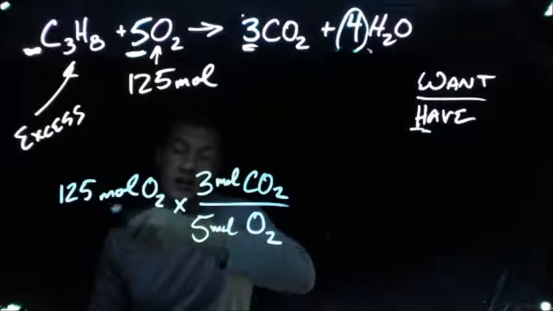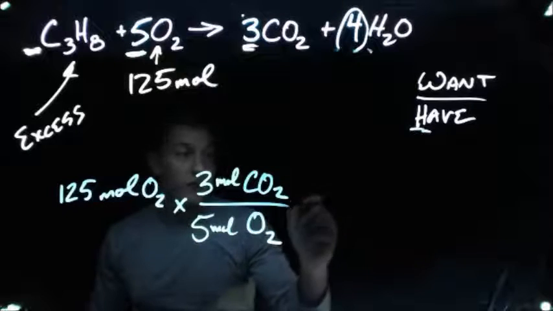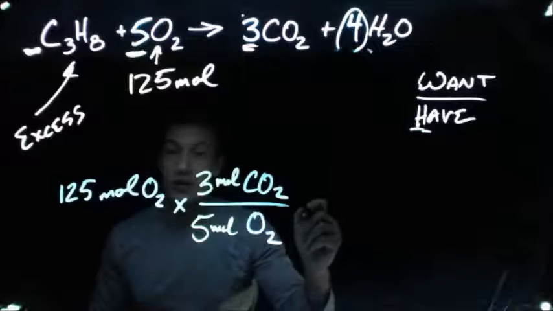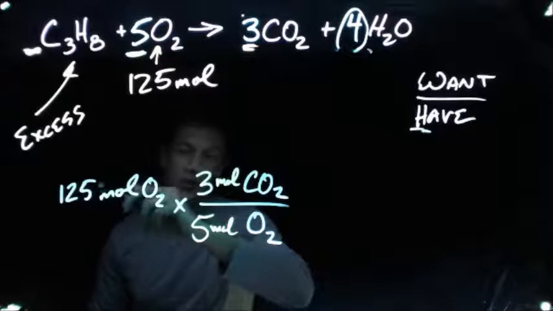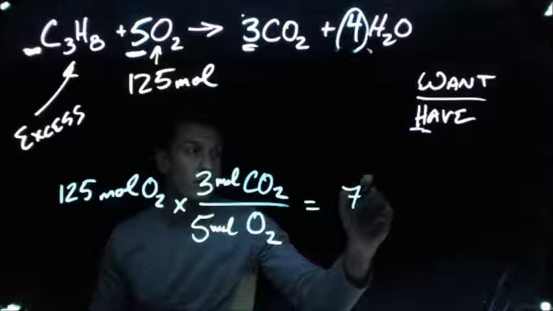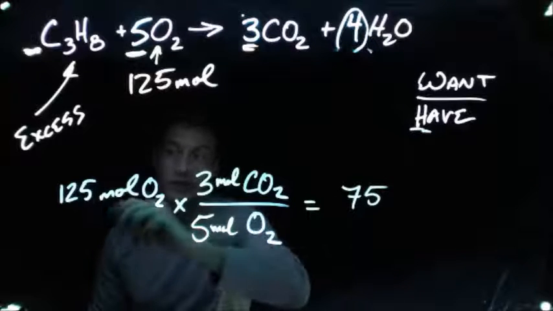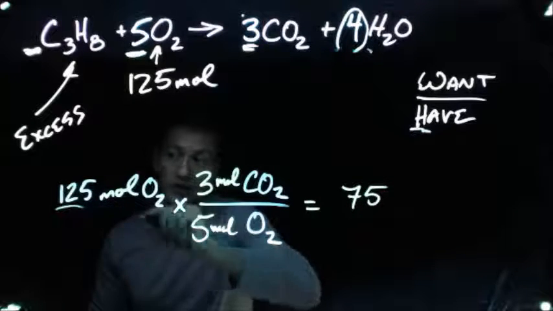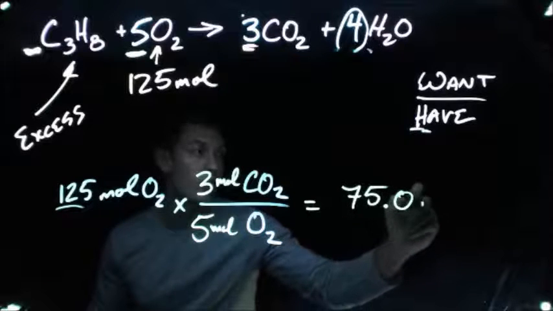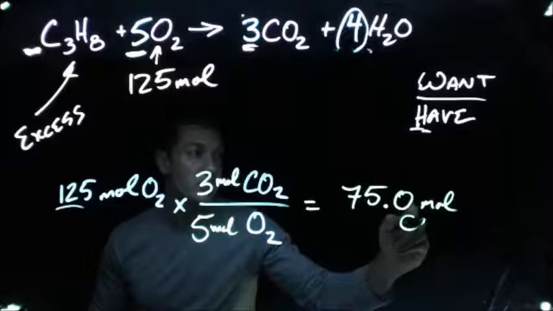And so when I exhaust the available oxygen in the room, 125 times 3 over 5, that's going to be, what, 25, 75, and then to keep it right for sig figs, 125 is 3 sig figs, so I'm going to have to go 75.0 moles of CO2.